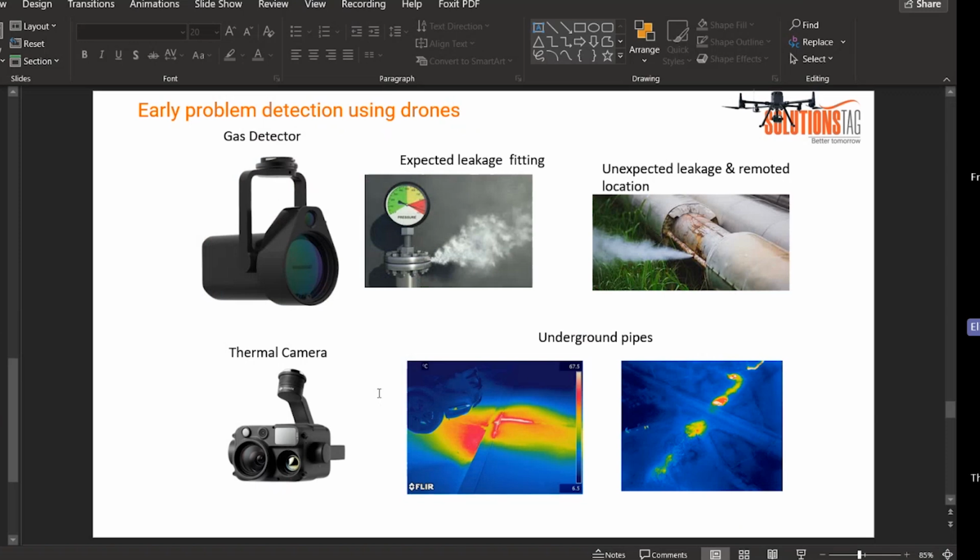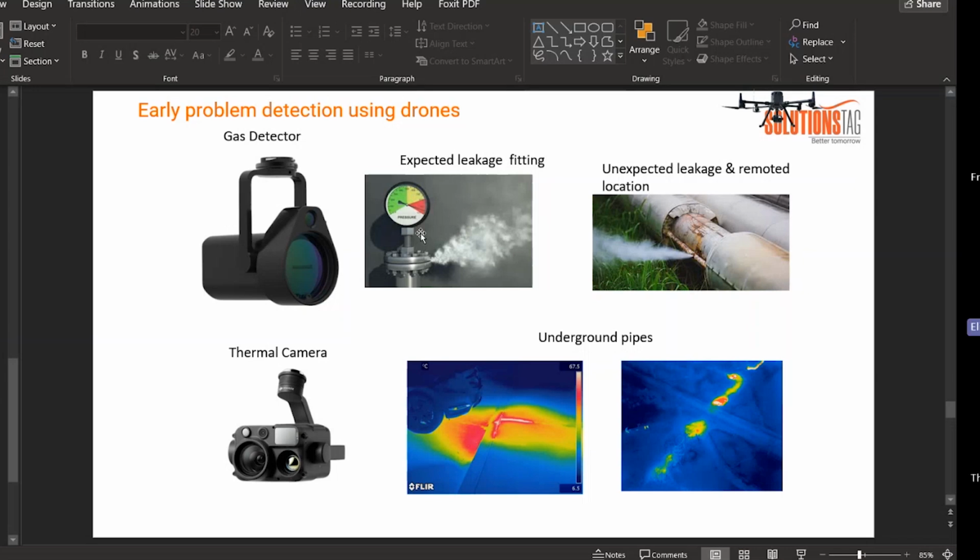So yeah, as I said before, the drones are very superior in early detection of defects or problems that arise inside the facilities. For example, gas leakage. Now, of course, we have the portable monitors for gas leakage, but most of them have a minimal amount of leakage that they can start to detect.